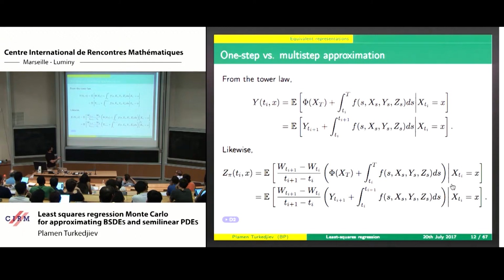If we take the nested conditional expectation with respect to time ti plus 1, we'll be left with the terminal condition and the Lebesgue integral from time ti plus 1 to capital T, which gives just the y at time ti plus 1.